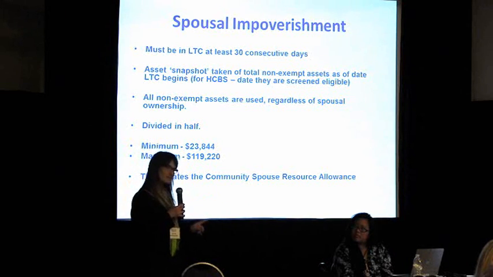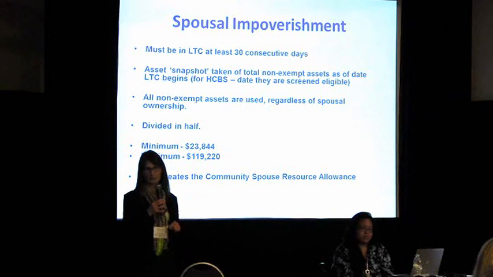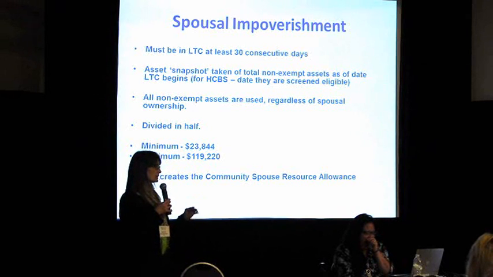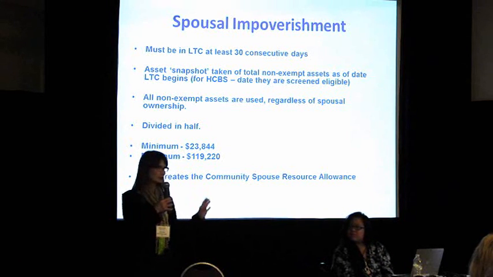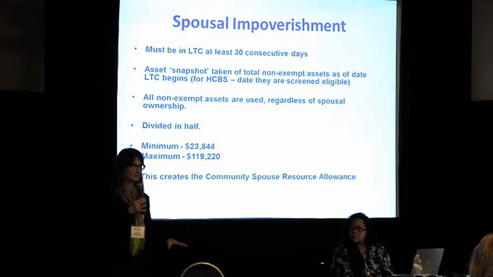But one shot at spousal impoverishment, and it's the first time you're in long-term care for more than 30 consecutive days. So sometimes what happens with our couples is that maybe they had an episode 2 years ago, and maybe mom started out in the hospital, maybe went to rehab, then spent a little bit of time in the nursing home, but that was only temporary, so they really didn't think about it.